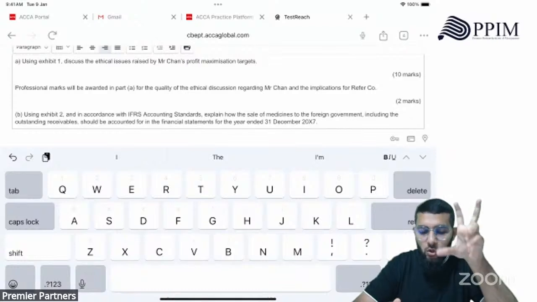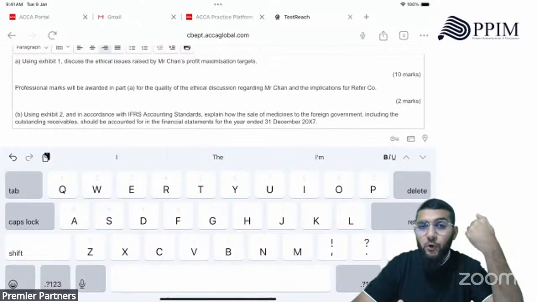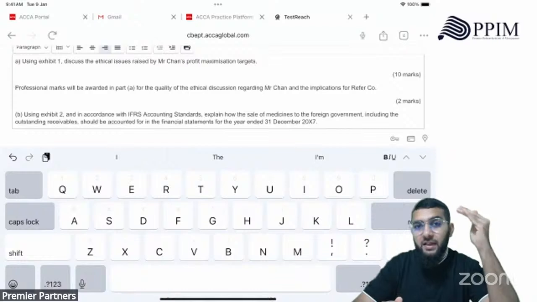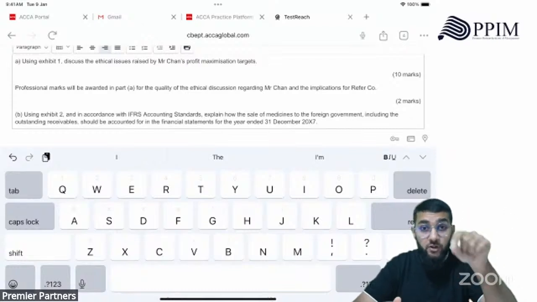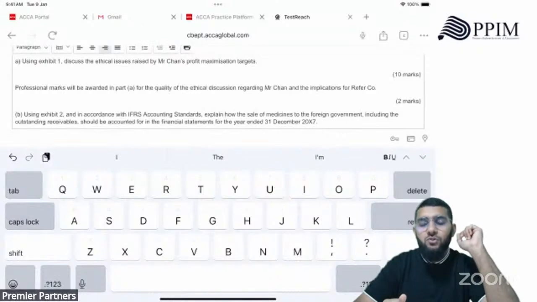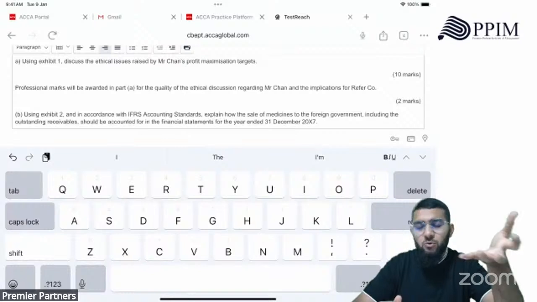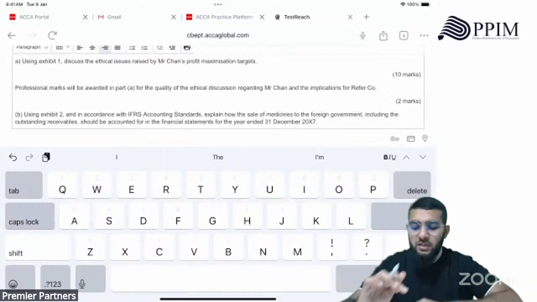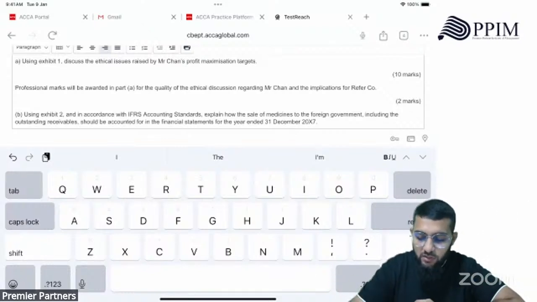If you can cover all those 3 in a proper, clear format, clarity, and a proper structure, and fulfilling the requirement, applying the ethical principles, knowledge based on the scenario and applying that here would give you your professional skills marks. So if you're able to explain that well, even in 7 good, well-explained points, you will be able to score or secure the full marks.